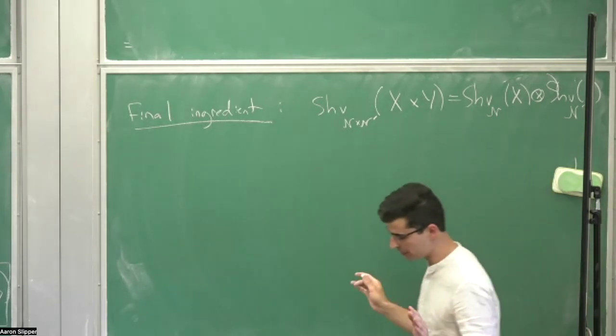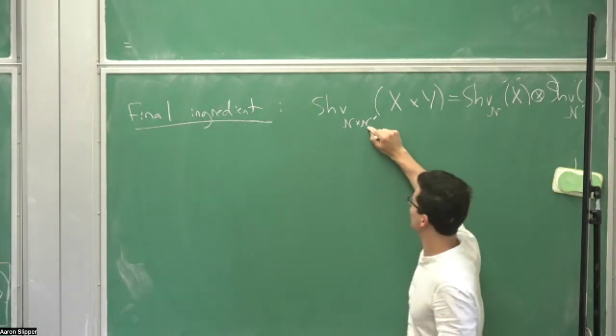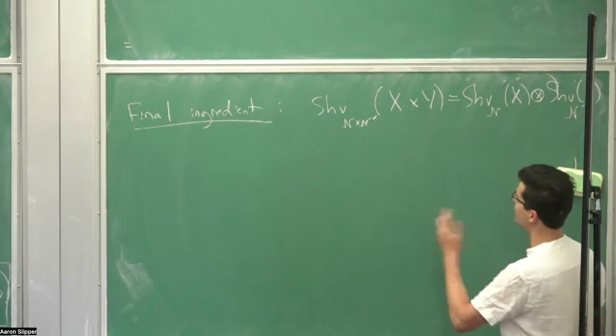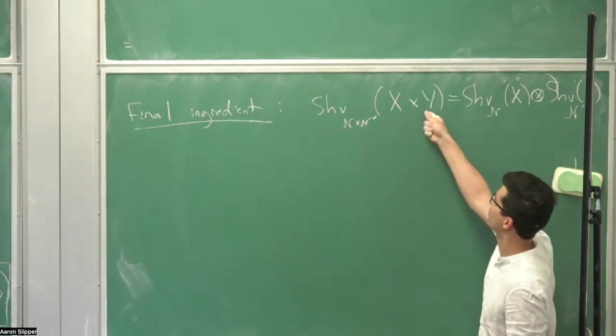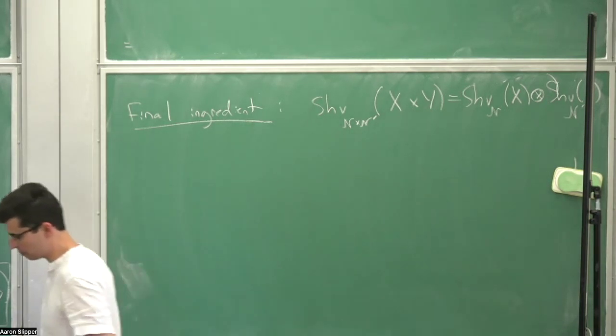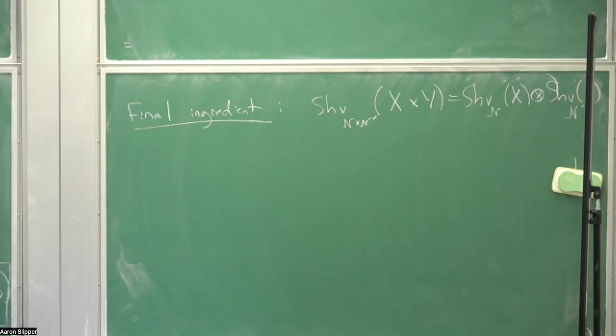And this is completely general. So for us, of course, N prime will be the zero section, and N is N, and X is Bun_G, Y is X to the I. And yeah, this sort of tensor product decomposition only holds in the Betti setting.